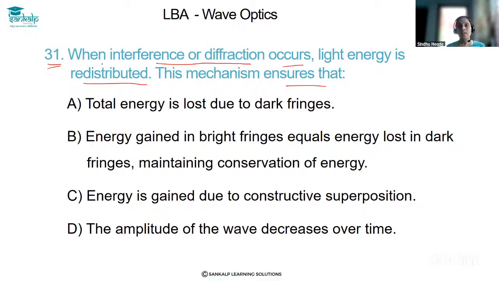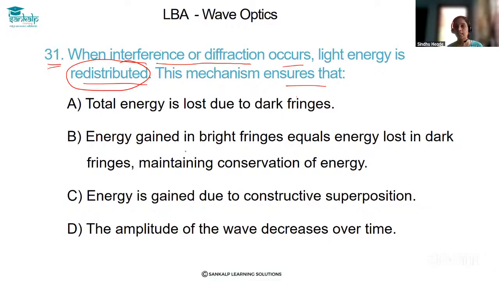The question is, when interference or diffraction occurs, light energy is redistributed. This mechanism ensures that in the phenomenon of interference or diffraction, light energy is not created or destroyed. Instead, it is redistributed from the regions of destructive interference to constructive interference. This purely tells about the law of conservation of energy.